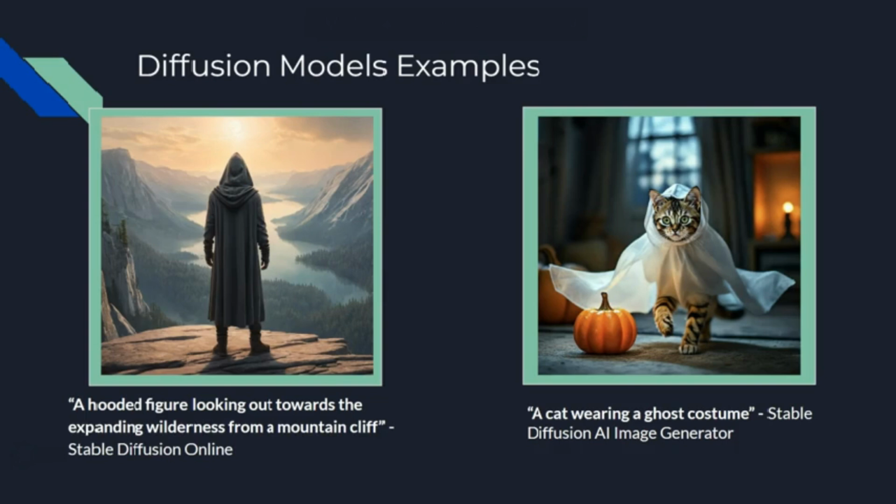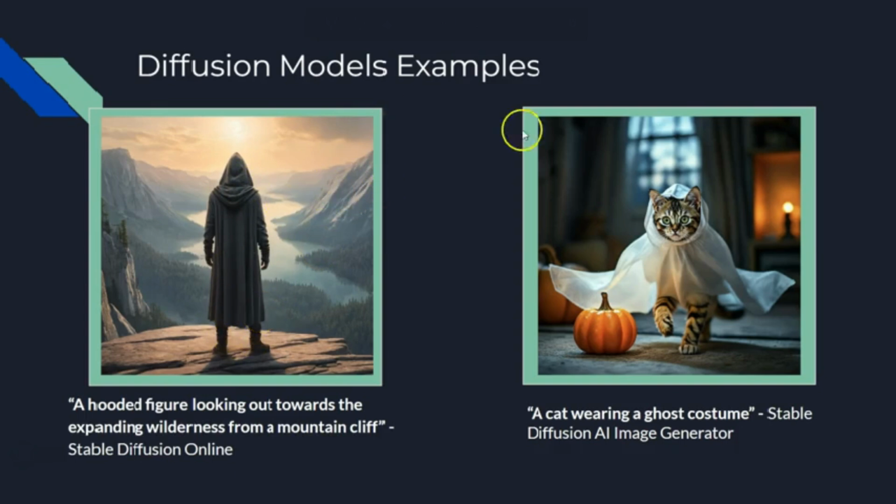When we are using a platform like Stable Diffusion, this model can generate a highly detailed image just from your words. You can see the detail of the mountains and the detail of the cape of the hooded figure.